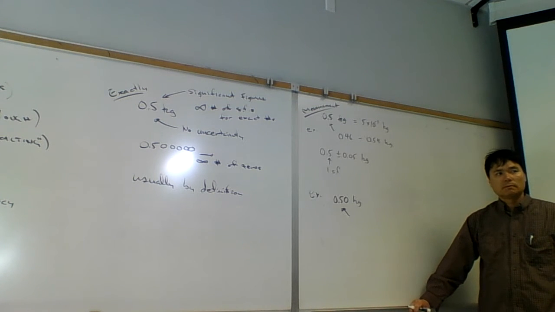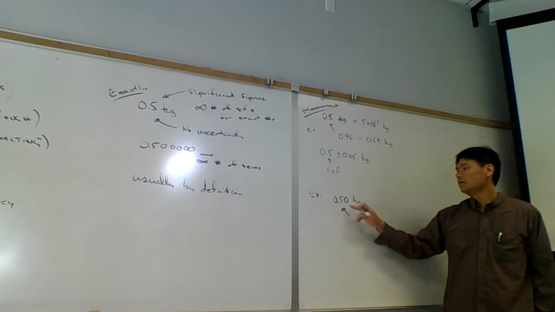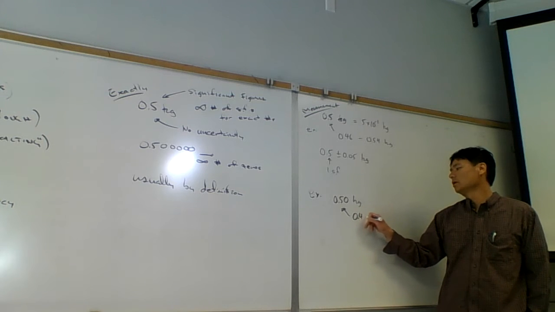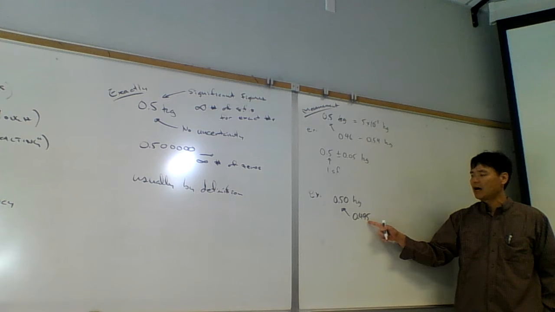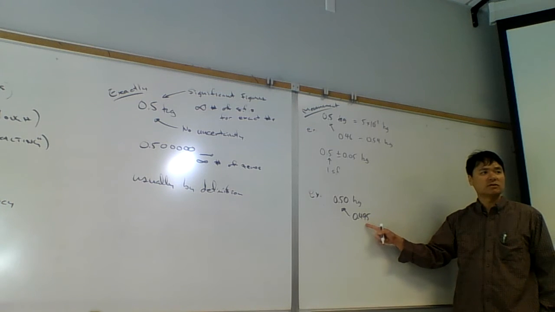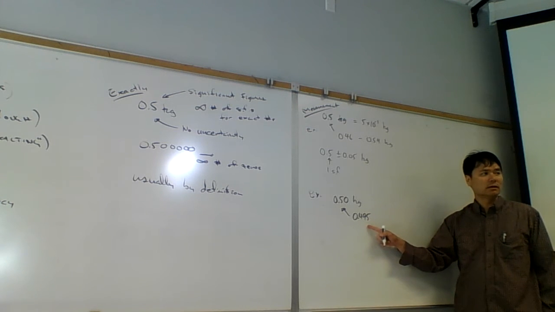This one might be anywhere from 0.495, because 0.495, if we drop the 5, it would round to 0.50. Everybody's familiar with rounding?